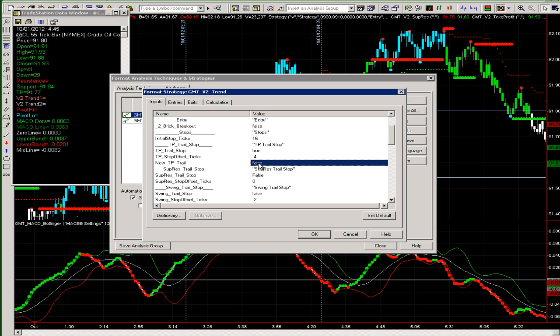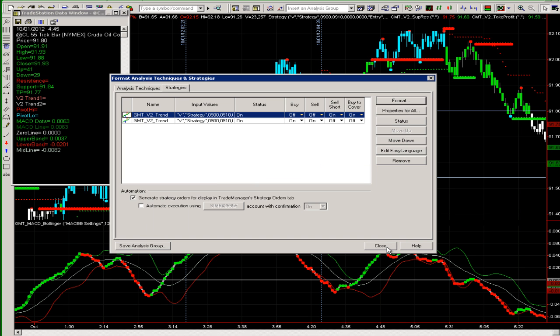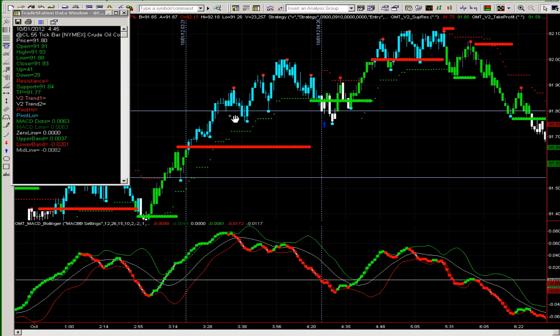However, if you set that to new TP trail false, then it'll go back to this kind of hybrid type stop that we've got floating around in the system that seems to be very profitable but isn't the true reflection of how the system's traded.